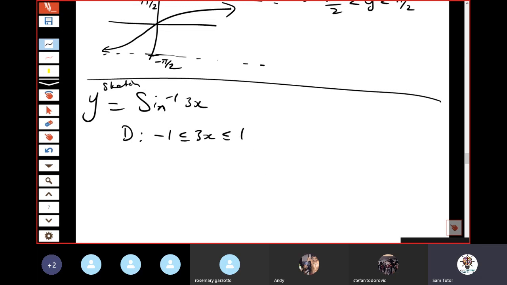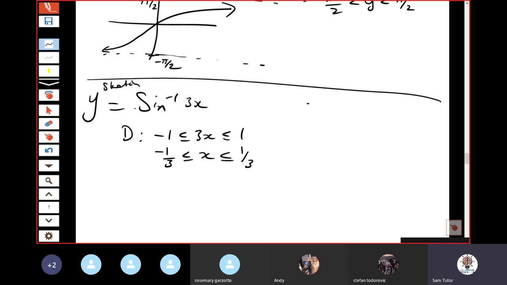And then to get your domain, you're obviously going to divide by 3. So for your domain, if the angles are tripled or doubled or adding something, you're just going to put that in place of your x and then just solve for x. And that would be your new domain.